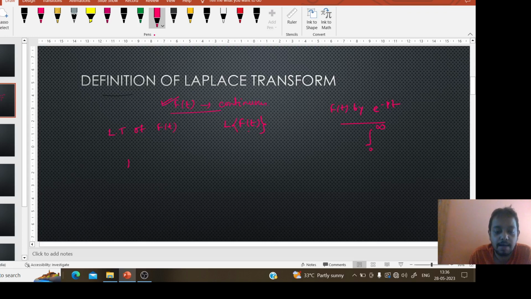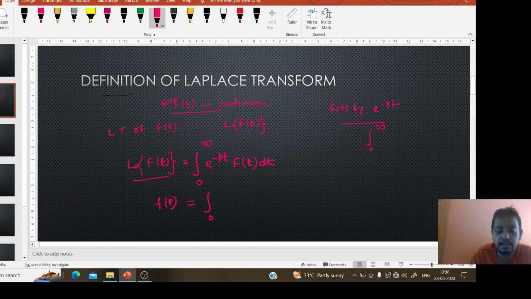That means the Laplace transform is defined as L of f of t equals the integral from 0 to infinity of e to the power minus pt into f of t dt, where this L of f of t is sometimes also given as a function of p.